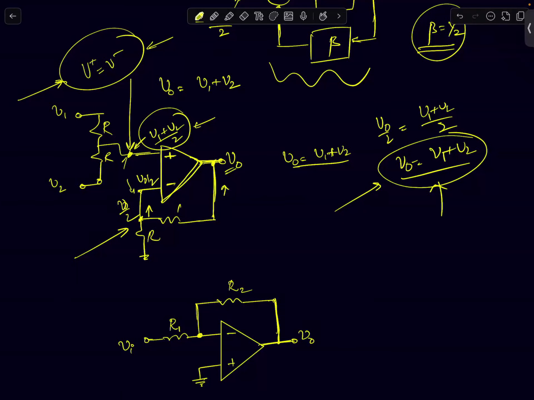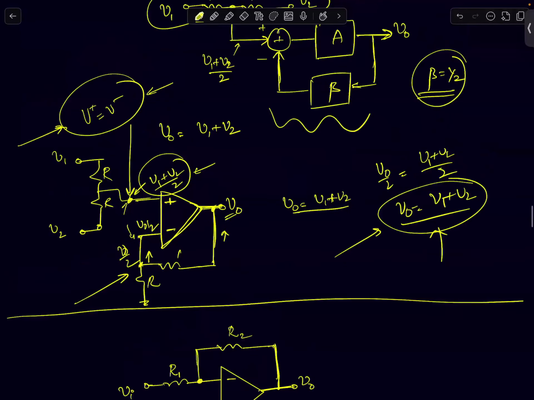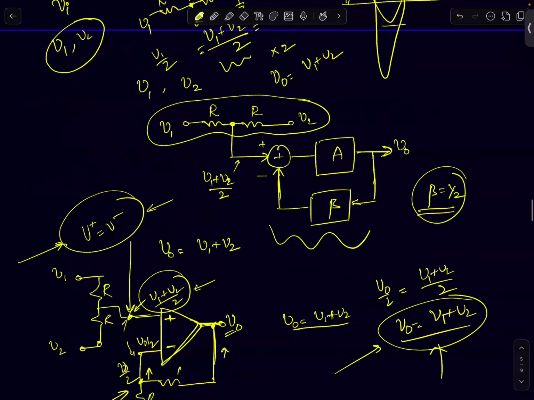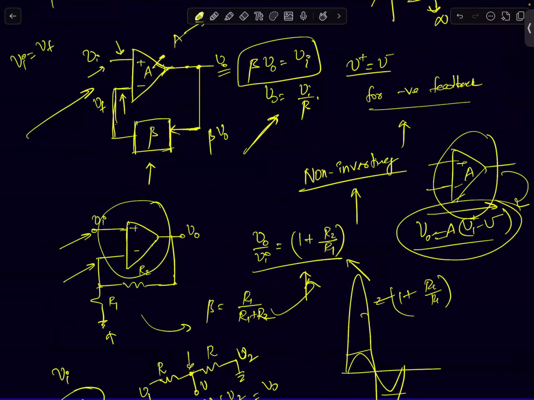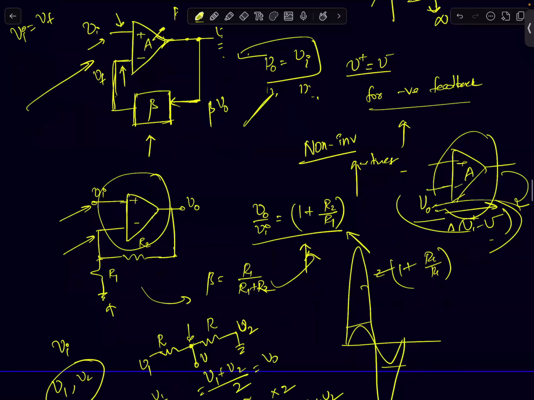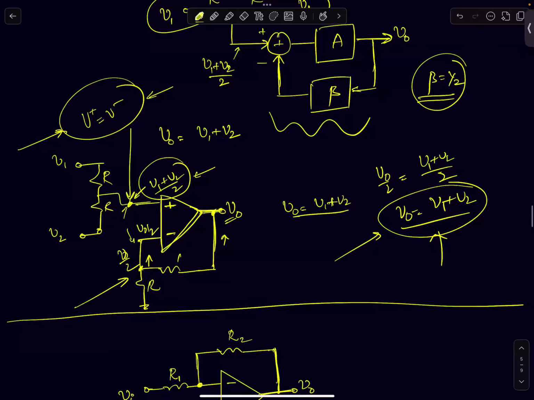So now, after having said this, I just took a small detour. I discussed two amplifiers using this hypothetical device called an op-amp. The first amplifier is a non-inverting amplifier, which gives you a gain given by 1 plus R2 by R1. The second circuit I discussed is an adder.